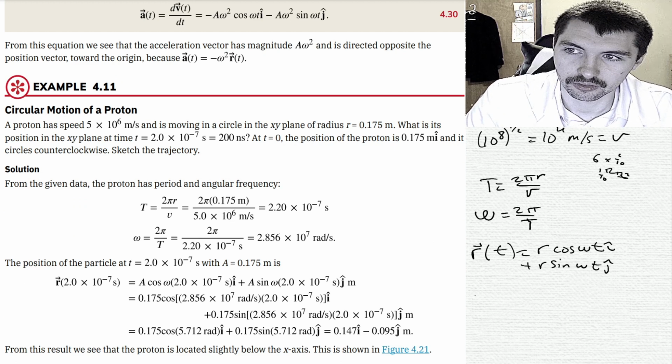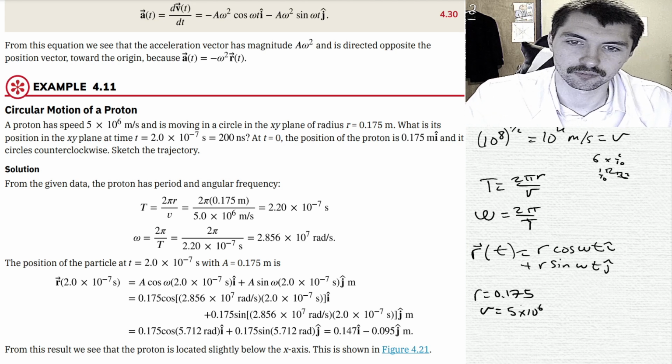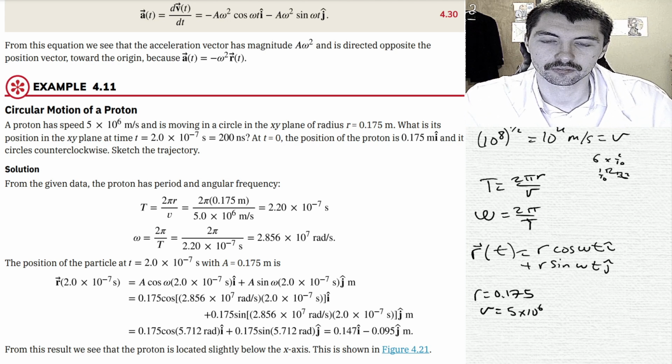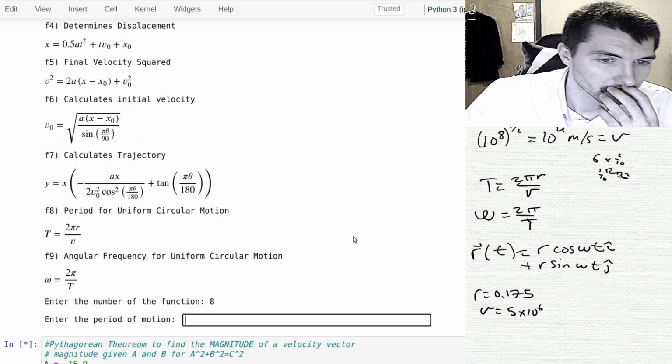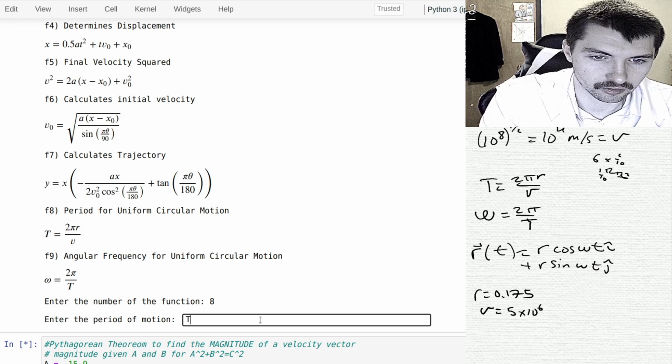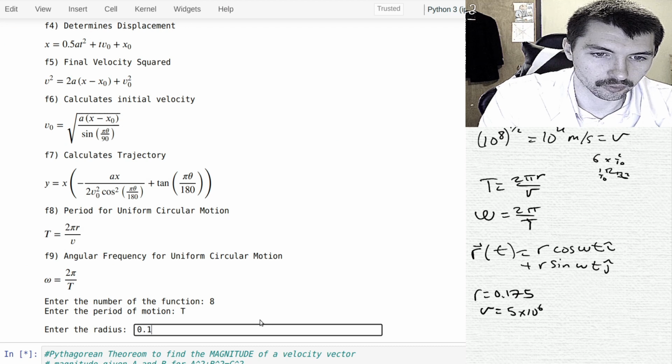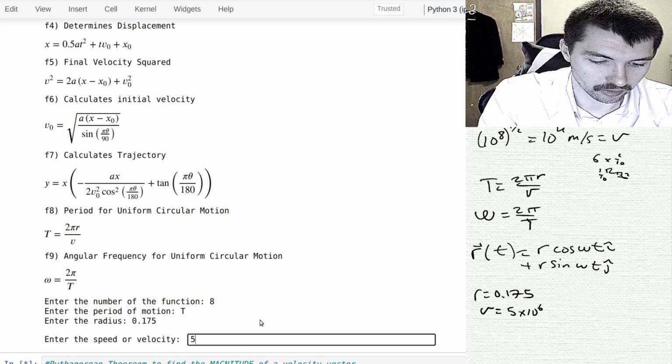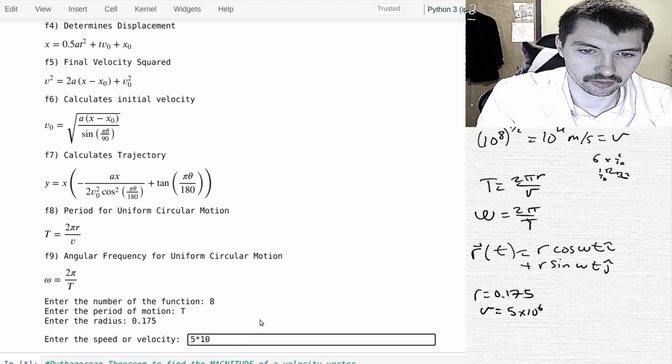So okay, so t is the period, 175, 5 times 10 to the 6.